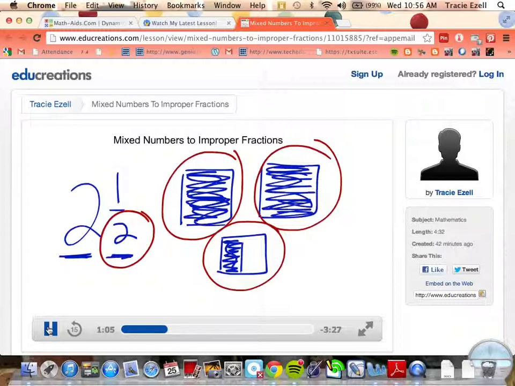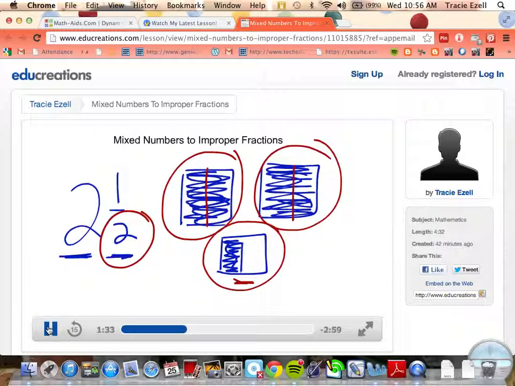Another way I could think about it, if I didn't want to think about it as being a mixed number, if I wanted to think about it as just being a fraction, would be how many total pieces do I have, and how many of those pieces did I use? So I've already got this one down here in pieces. So I need to figure out how I can change the top 2 into pieces. Well, I've already divided this one into 2s, so I could just divide these others into 2 as well.